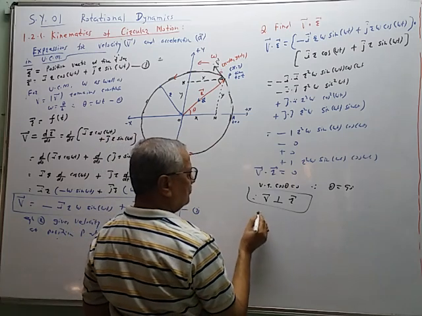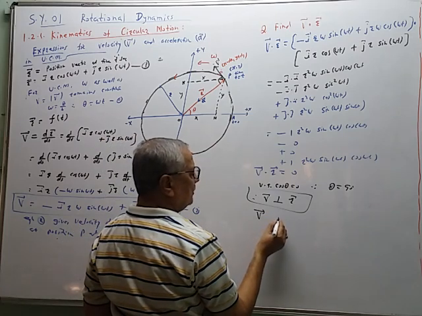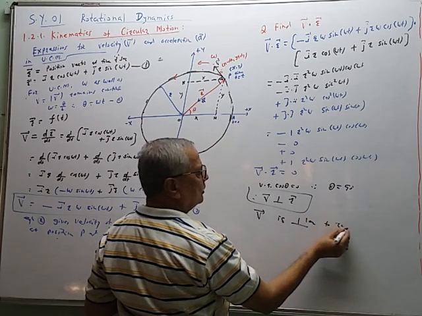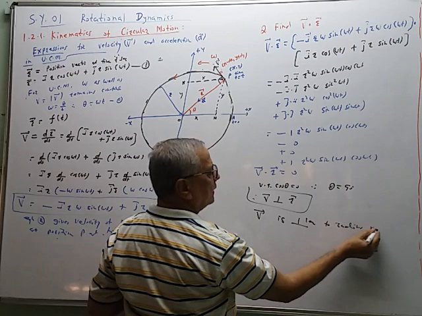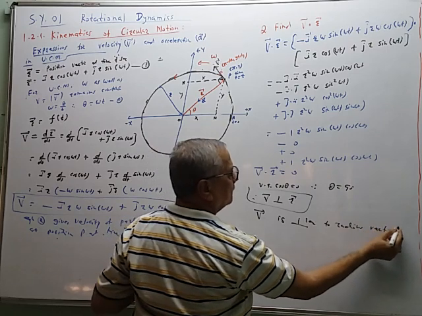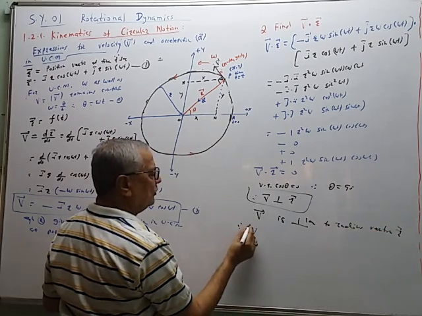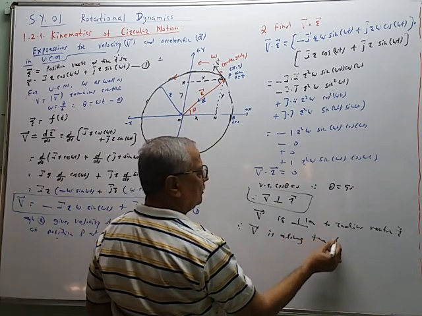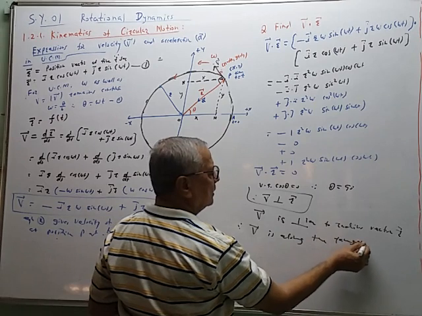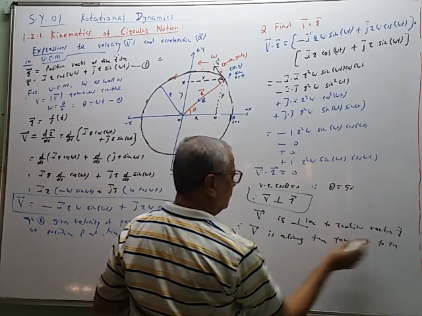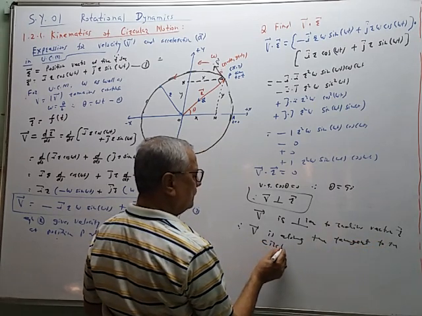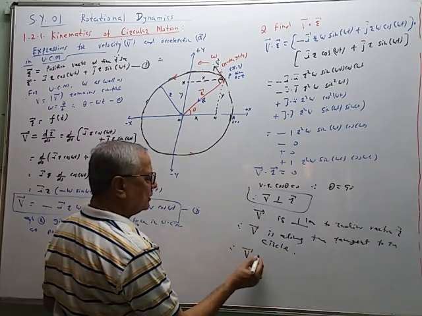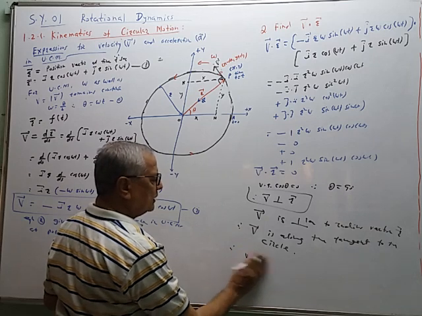So velocity vector V is perpendicular to radius vector r, and therefore velocity vector V is along the tangent to the circle, and therefore V is called linear velocity V.